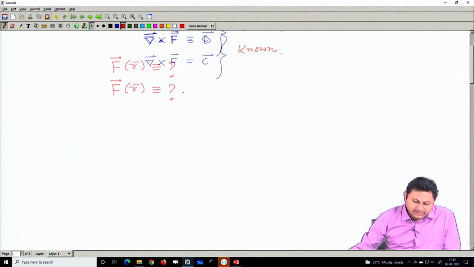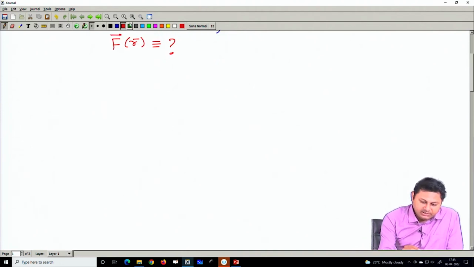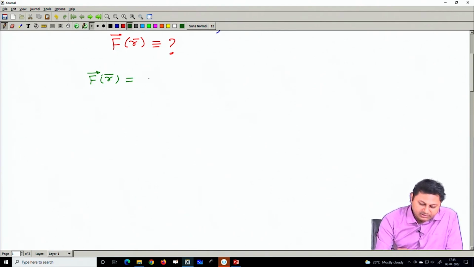In order to do that, I mention that any given vector field F(r) can be decomposed into two parts in general.